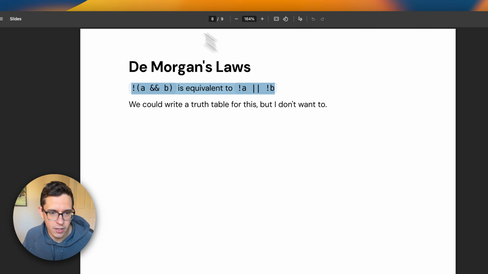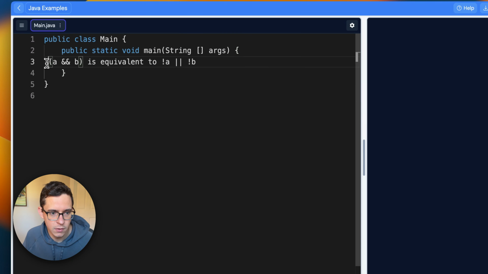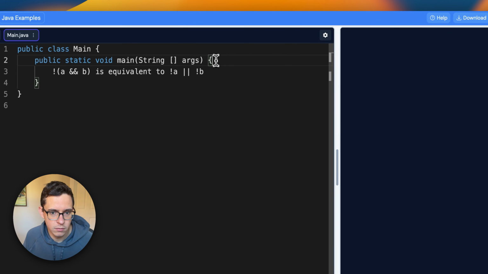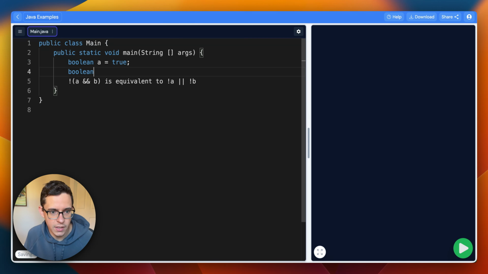But let's just take this code here. Let's do boolean A equals true, boolean B equals true, and then let's System.out.println this statement here.